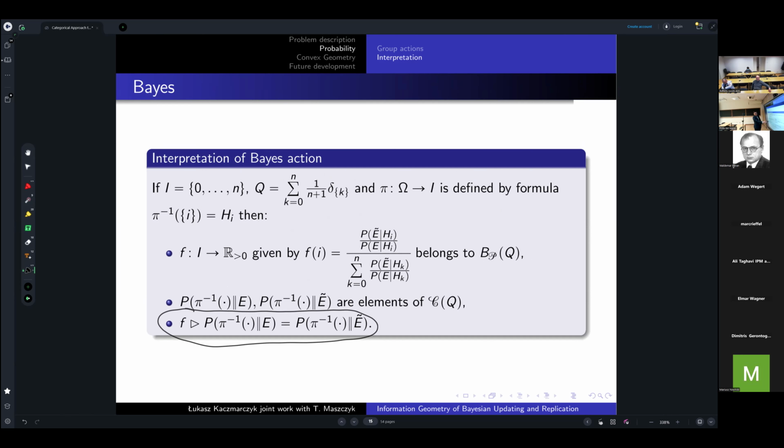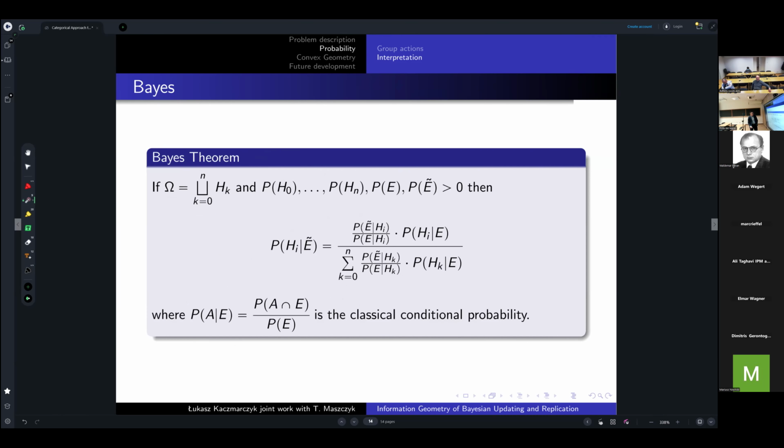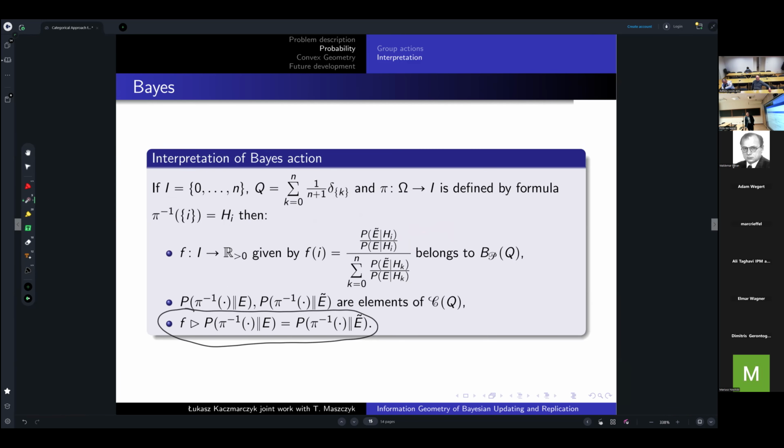If we take the two conditional measures that appear in Bayes' theorem and apply the action formula to them, we see that exactly the result that we get on the left-hand side of classic Bayes' theorem is the result of the action of this F on the measure that appears in it on the right-hand side.